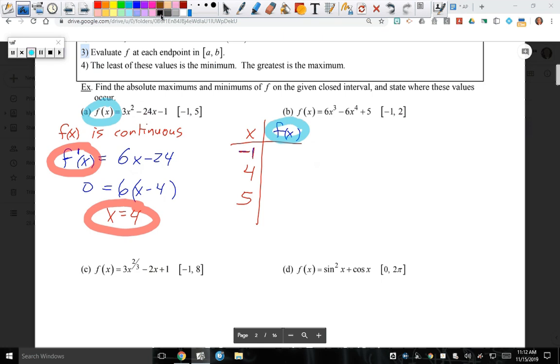Without a calculator, 3, -24, -1. Synthetic substitution for speed: copy, multiply, add. Multiply, add. So 26 is that answer right there. Okay? Synthetic substitution.